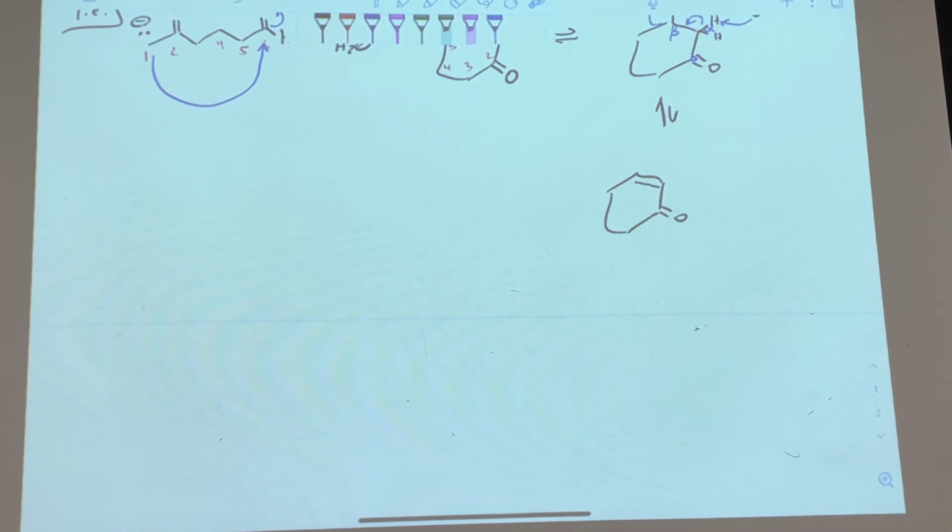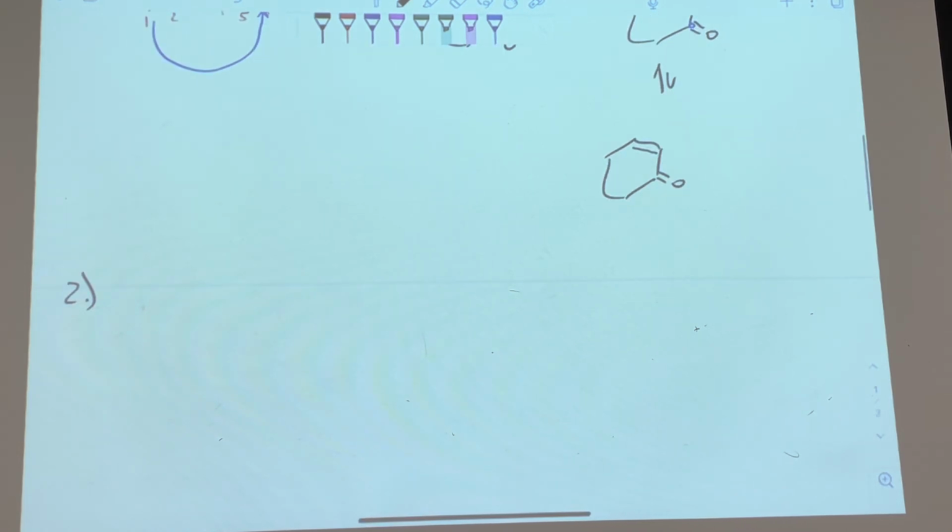All right, the next condensation reaction is also a named reaction, and this is called the Claisen. So the Claisen reaction or the Claisen condensation. Just like I did with the aldol, I'm going to give you the functional group transformation here.